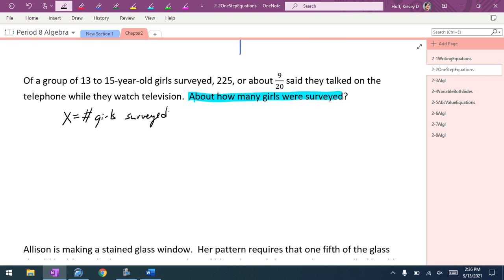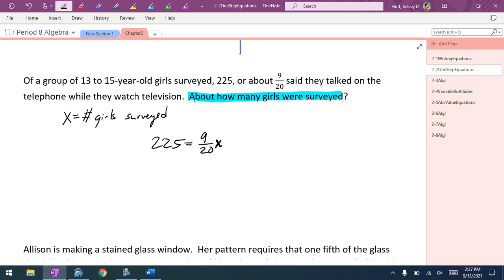Thatcher. 225 equals x times 9/20. Just because I'm picky, I'm going to put my number out front. Is that okay? Thoughts? 225 equals, which in math means is the same as 9/20 times how many girls were surveyed.